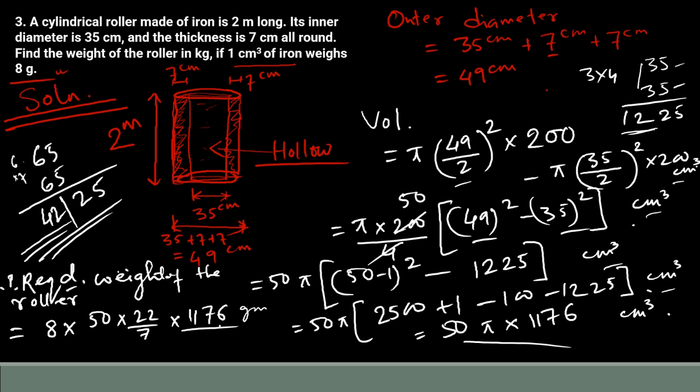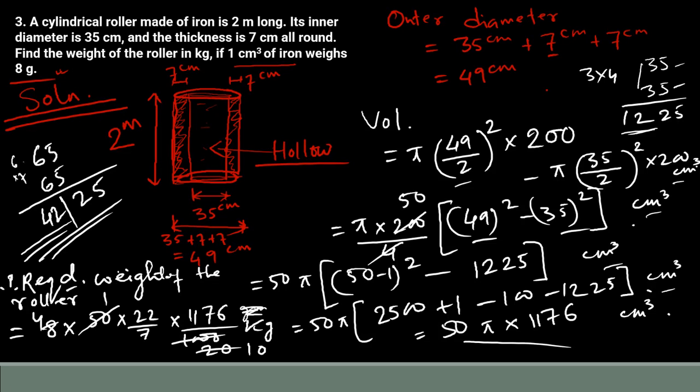Now if you convert it in kgs, it should be divided by 1000. So if you do this 50 times, this will be 20, right? If you do it one more, 10, it will be 4. This gets divided also.